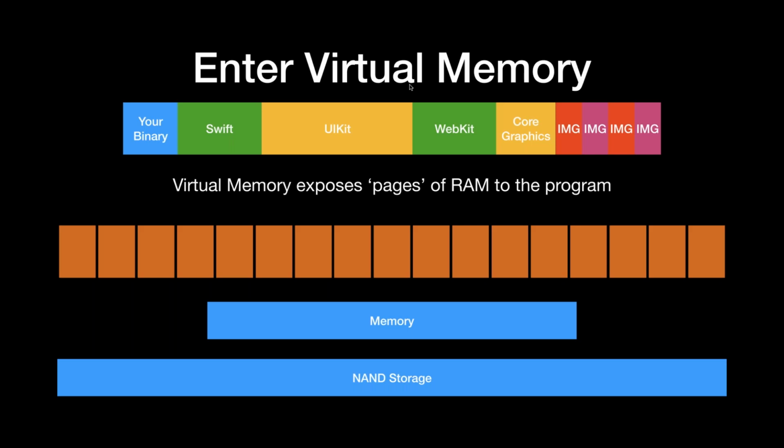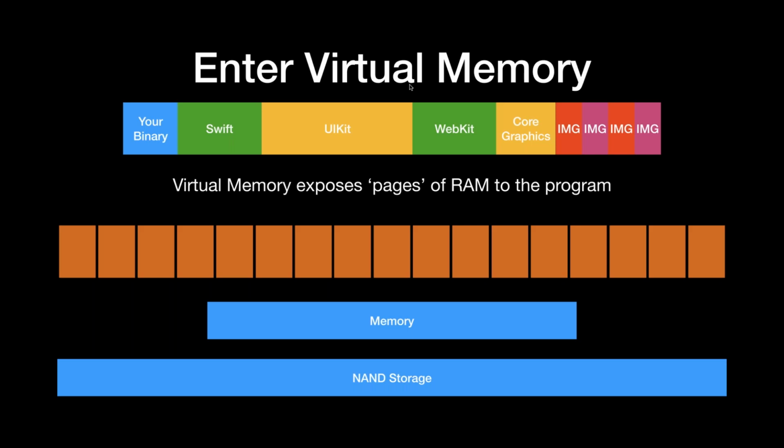That hard drive is fast, but it is still orders of magnitude slower than the RAM that's in the iPhone, but it's also much bigger. I have 4 gigabytes of RAM in my iPhone, but I have 128 gigabytes of NAND. So virtual memory lets us use both. And in fact, even more, the virtual memory system on iOS will let you allocate 1.5 petabytes of memory. Go ahead and try it, you can.